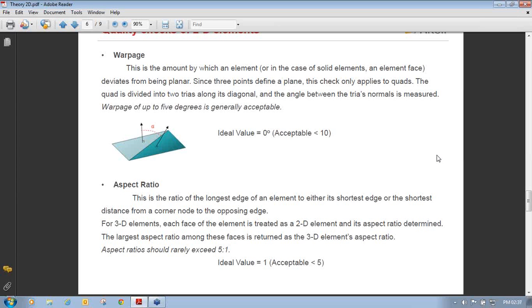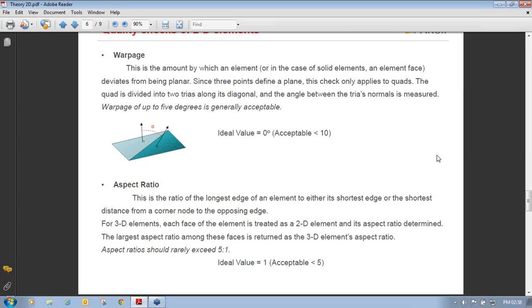Since 3 points define a plane, this check only applies to quads. The quad is divided into two trias along its diagonal, and the angle between the trias' normals is measured. Warpage of up to 5 degrees is generally acceptable in industries. Ideally, the warpage should be 0, but the accepted value in industry for warpage is less than 10 degrees, and sometimes it should not go beyond 5 degrees.